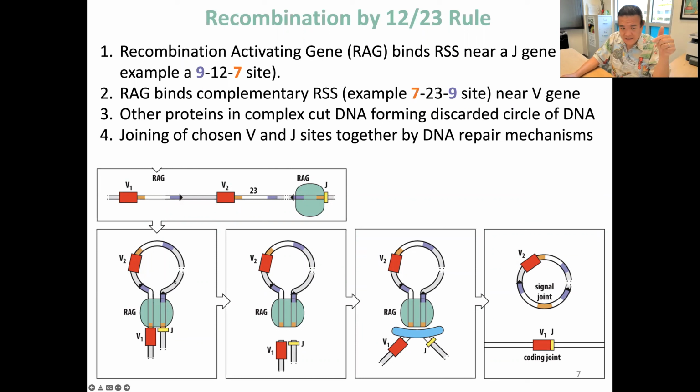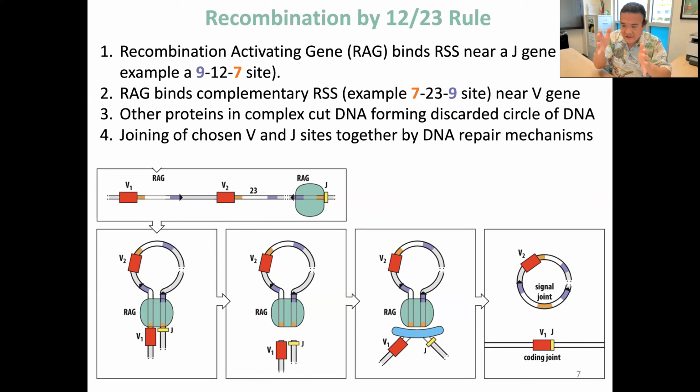Any DNA that's in between gets pinched off. As you can see here, it cuts off the DNA, and then the resulting cut DNA gets joined together, resulting now over here as a part of the completed gene being assembled.